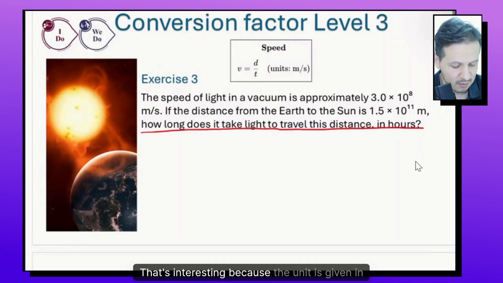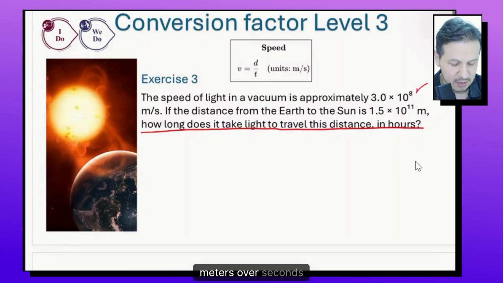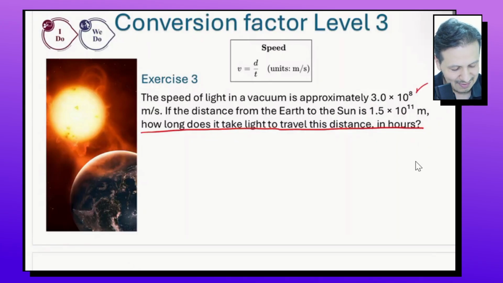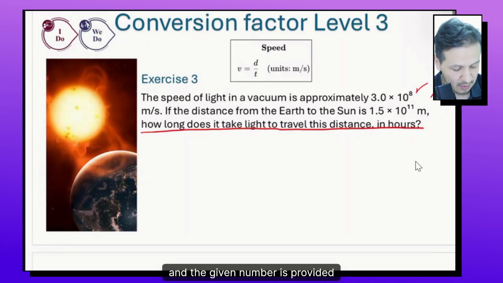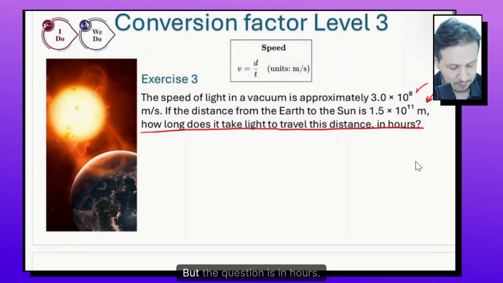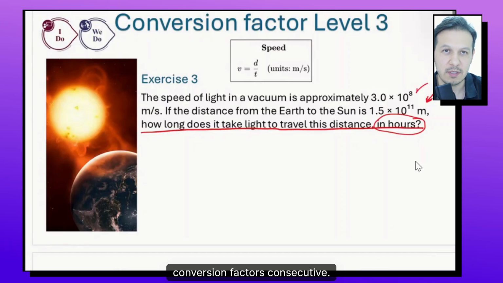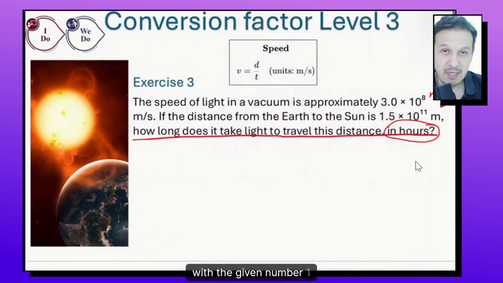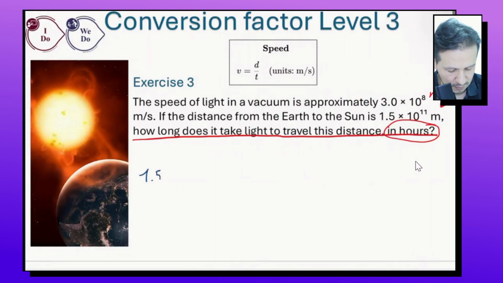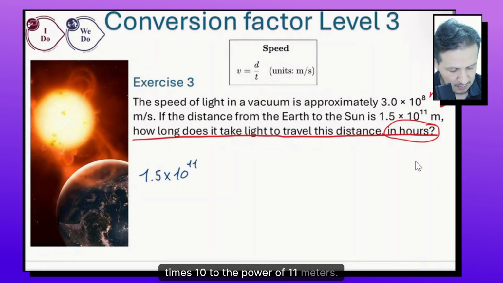That's interesting because the unit is given in meters over seconds, and the given number is provided in meters, but the question is in hours. So that's amazing because this is how we will use conversion factors again with the given number, 1.5 times 10 to the power of 11 meters.